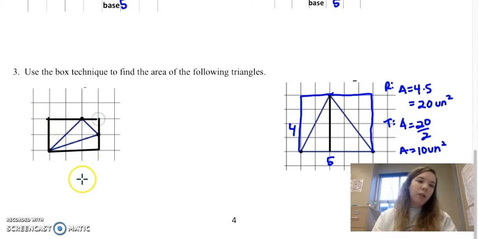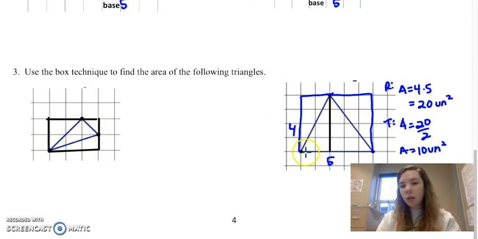The reason we do this is because it's not easy to find our base and our height without using the distance formula. So I'd have to use the distance formula to find my base and my height on this triangle. This one, it's not really necessary because I have a horizontal base and a vertical height, and they are pretty easy to count. Which is why I wanted to do this one first, because it's easier.